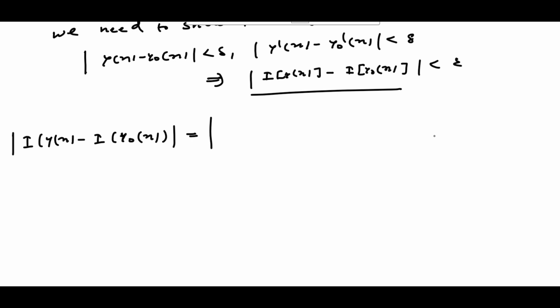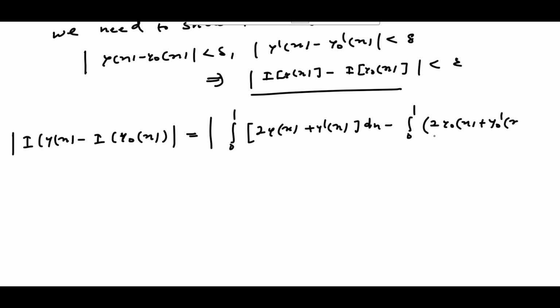This is equal to the mod of the integration from 0 to 1 of 2 times y of x plus y dash of x dx, negative the integral from 0 to 1, replacing y by y naught, of 2 times y naught of x plus the derivative of y naught of x dx.